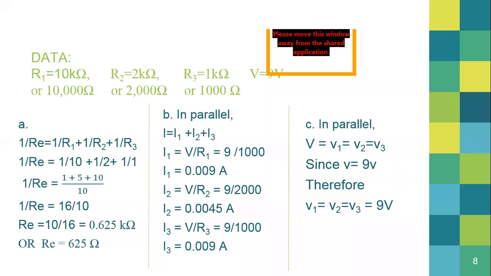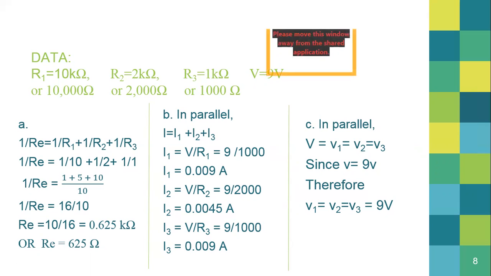First, find the equivalent resistance of the parallel combination. First, extract the data from the figure. Resistances are given in kilo ohm. In the previous example, resistances were given in ohm, but here they are given in kilo ohm. R1 is equal to 10 kilo ohm.